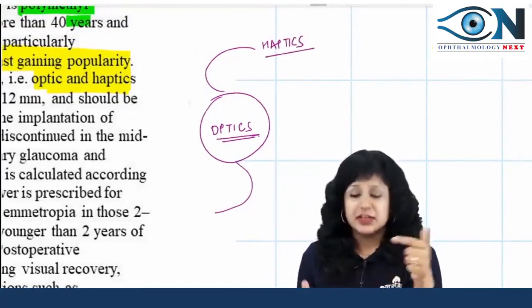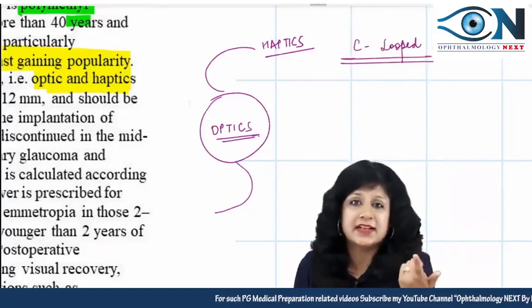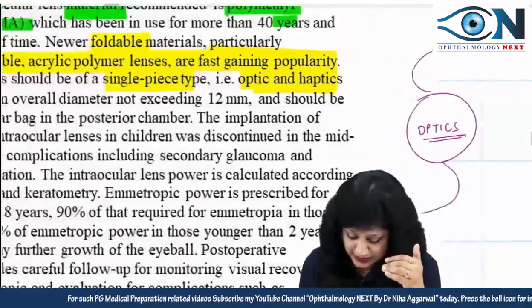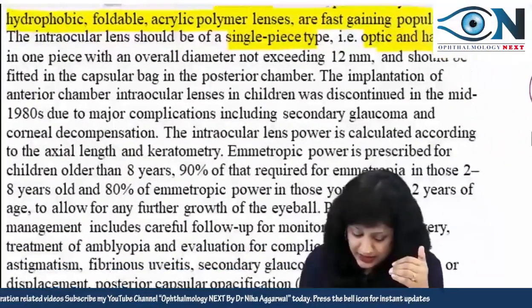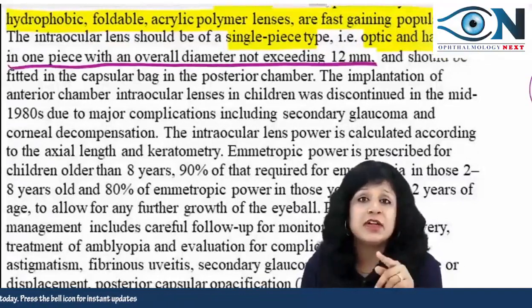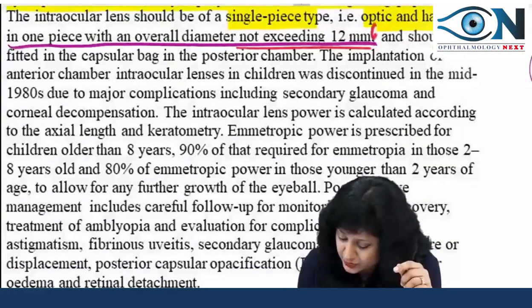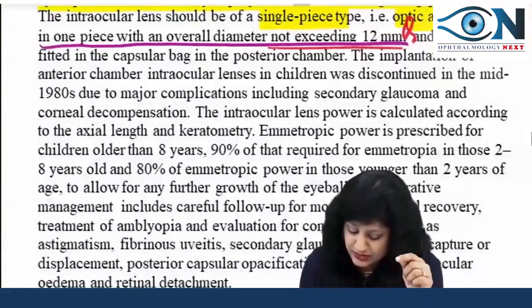So these are your C-looped IOLs, which are by far the most popular design, but different kinds of designs are available. These are available in one piece, and the overall diameter we give in children should not exceed 12 mm and should be fitted in the capsular bag.